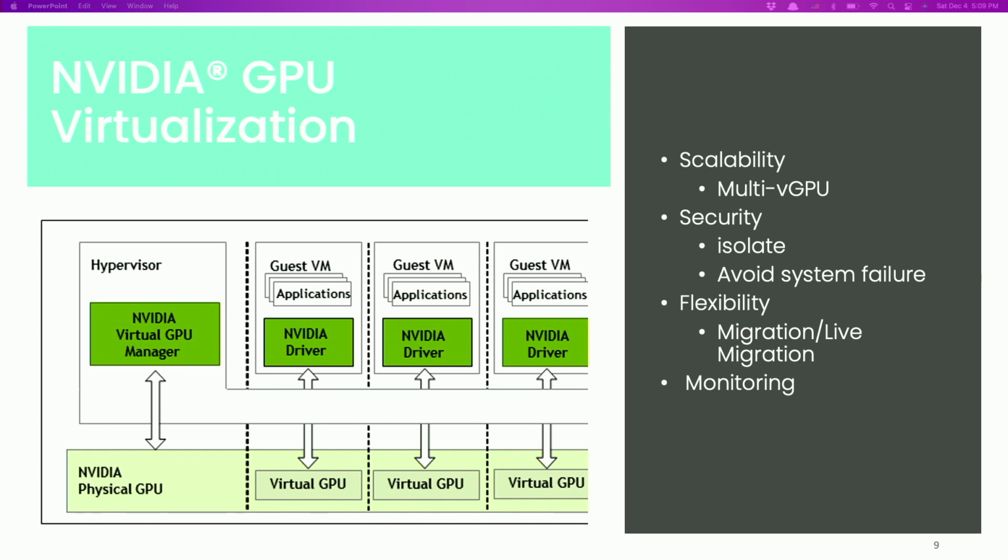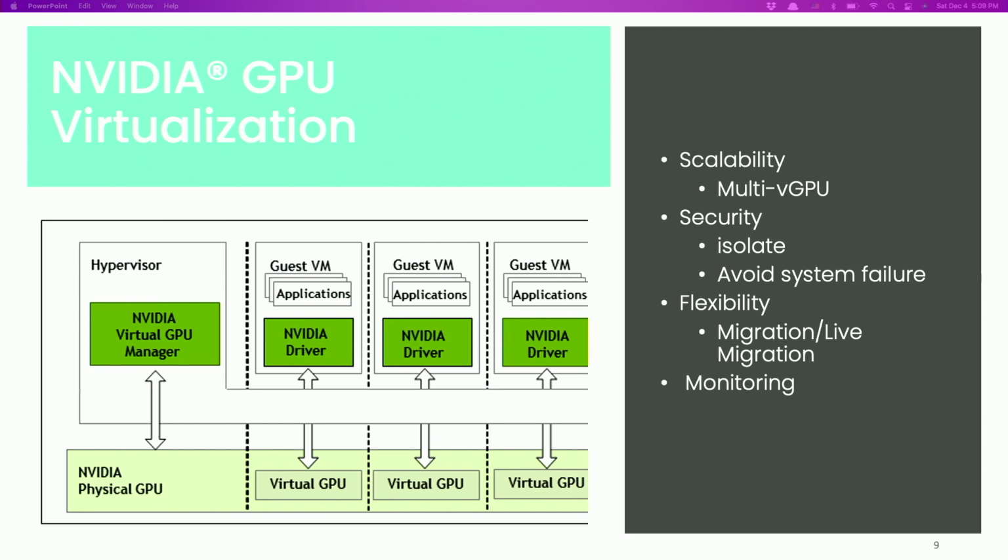Today, buying a GPU can cost $1,000, and especially if you are working in a team of four or five people, you definitely don't want to buy one for each person.